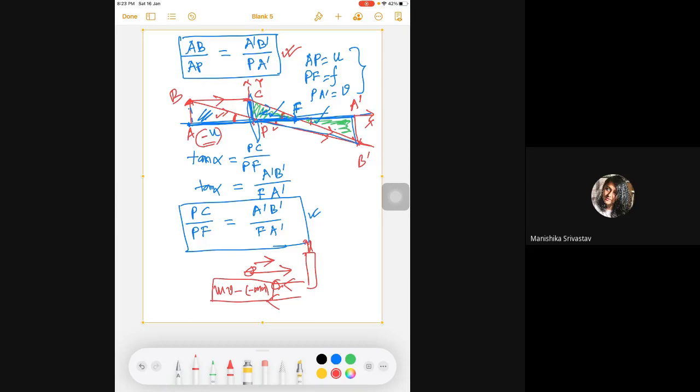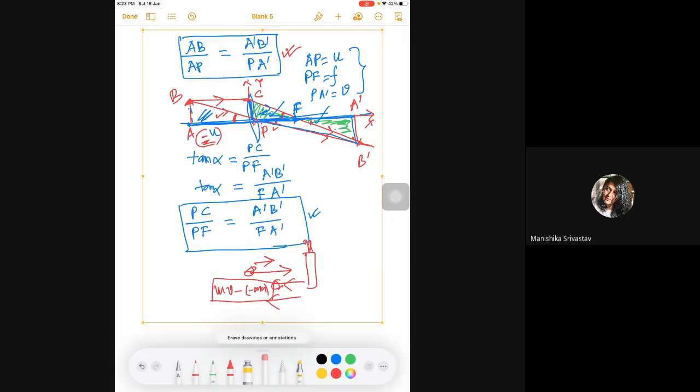The same concept, the same analogy, we are using here. So this is my axis I am drawing, and if I measure the distance on the opposite side, it is opposite to the direction of the light ray, and therefore this sign has to be negative.